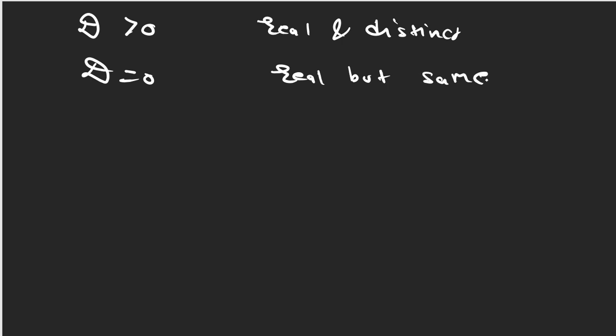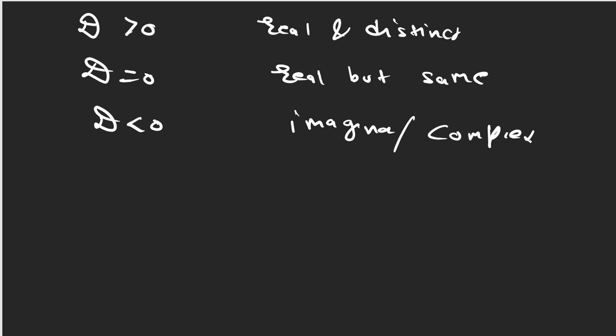Means both roots will be 2, or both roots will be 3, or both roots will be 5. And if D is less than 0, the roots will be imaginary, or we can say complex. So we will solve only when D is greater than 0 or equal to 0. If D is less than 0, it will give an imaginary solution.